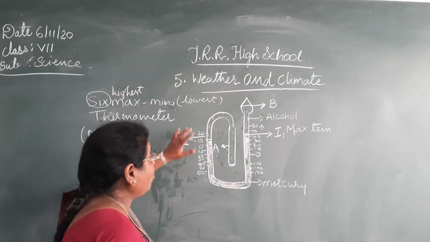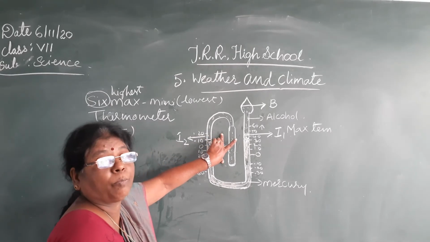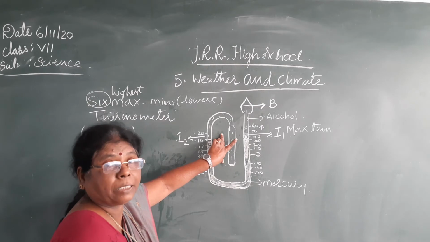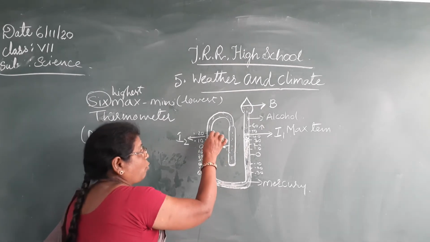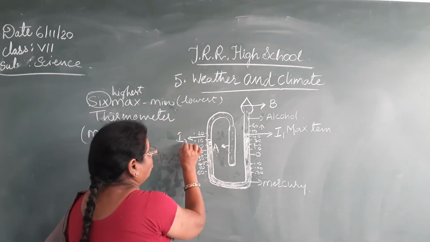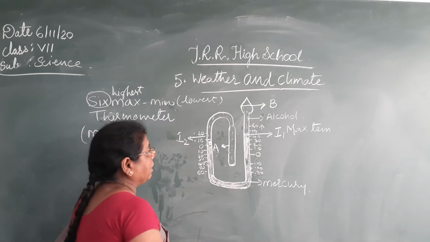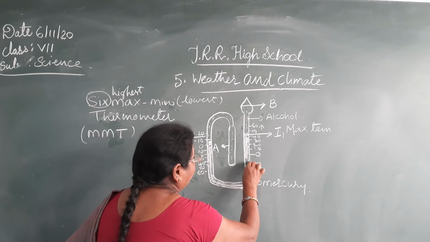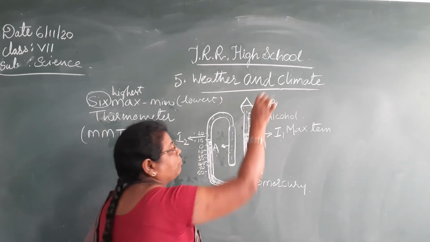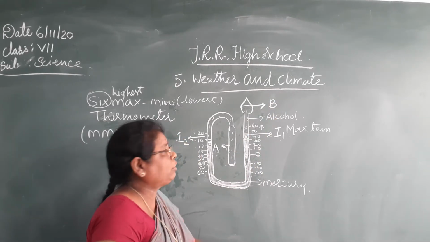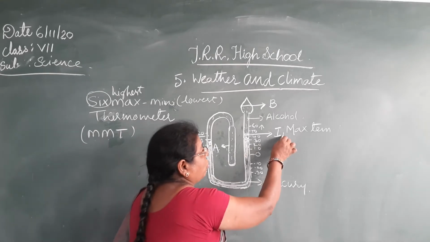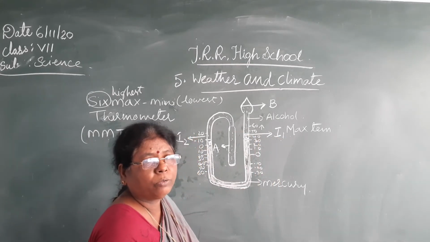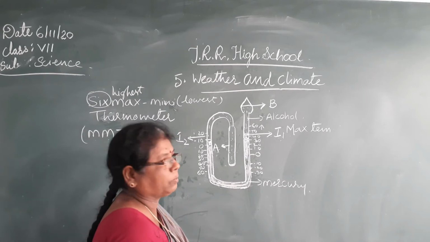So when the alcohol in bulb A expands, pressure is formed on the I2 indicator, and the mercury in the U-tube moves towards the bulb B side. I1 indicator also moves up. This shows you the maximum temperature.